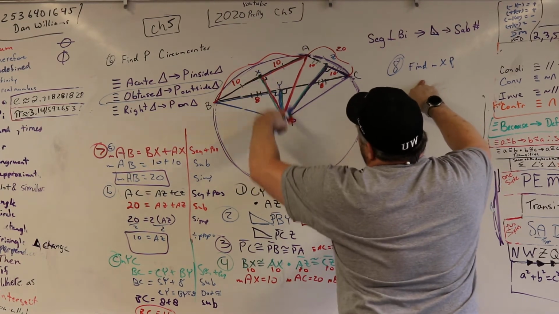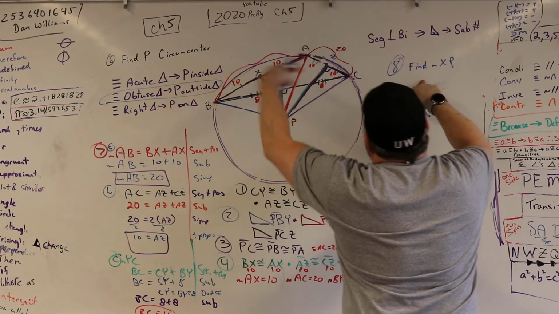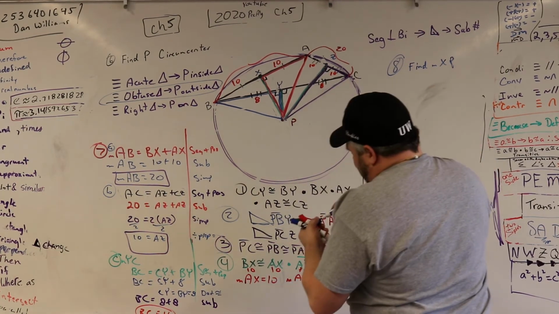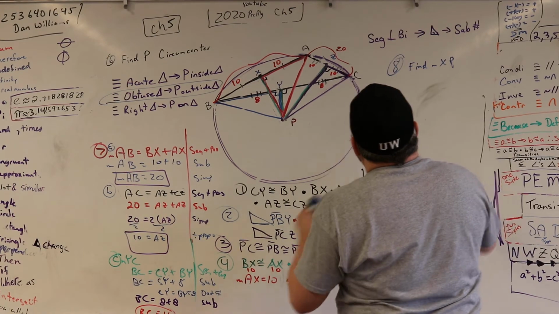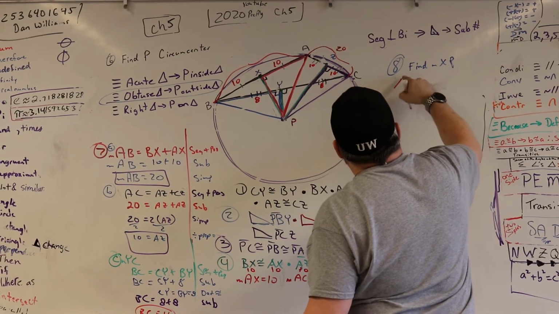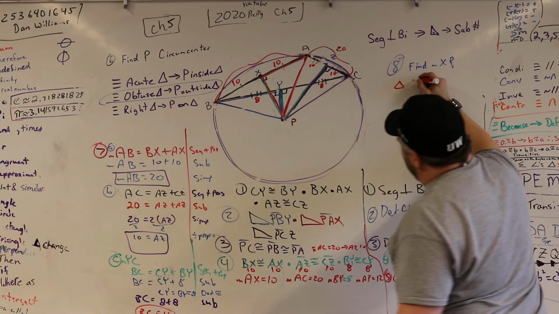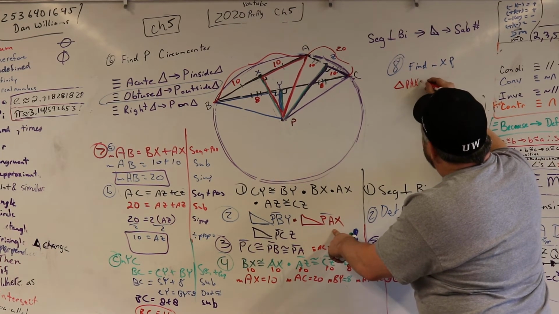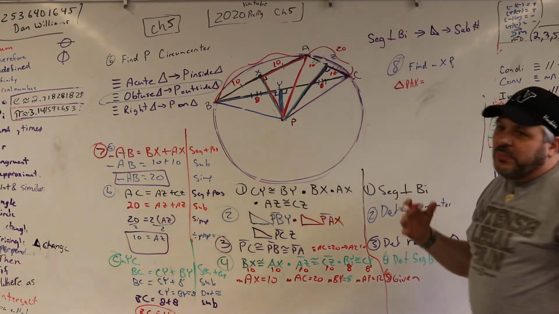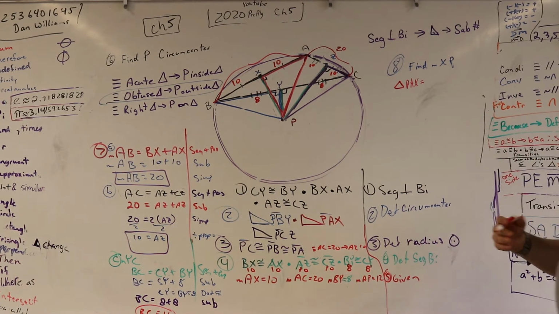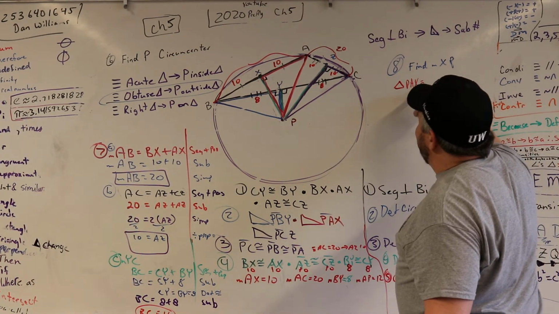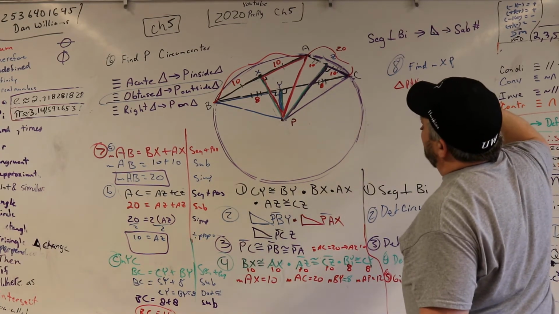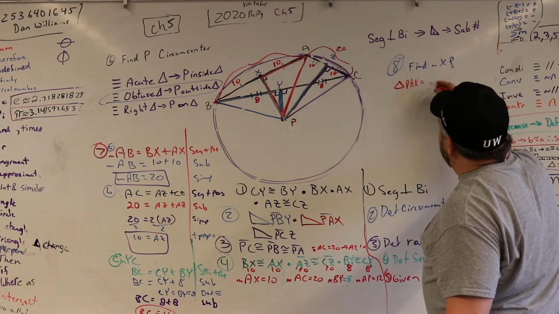So if AP and XP and XA make up, what's the triangle? There's a right triangle, it's the red triangle PAX.